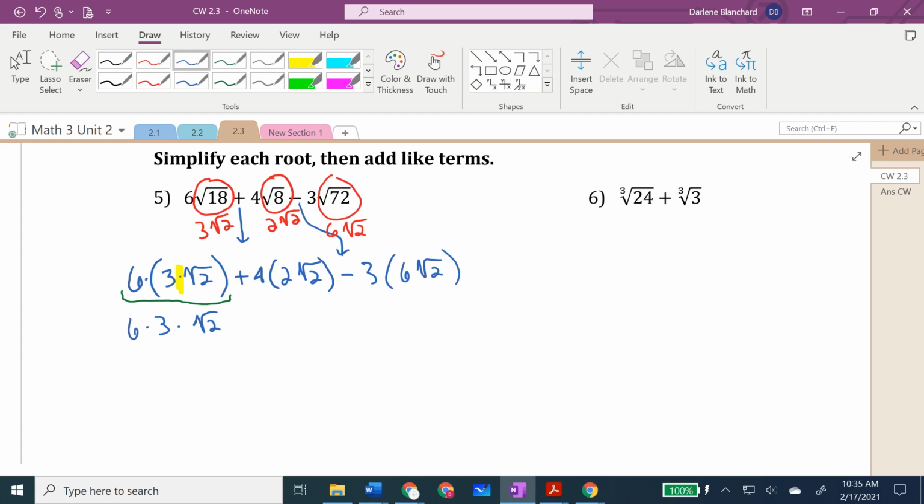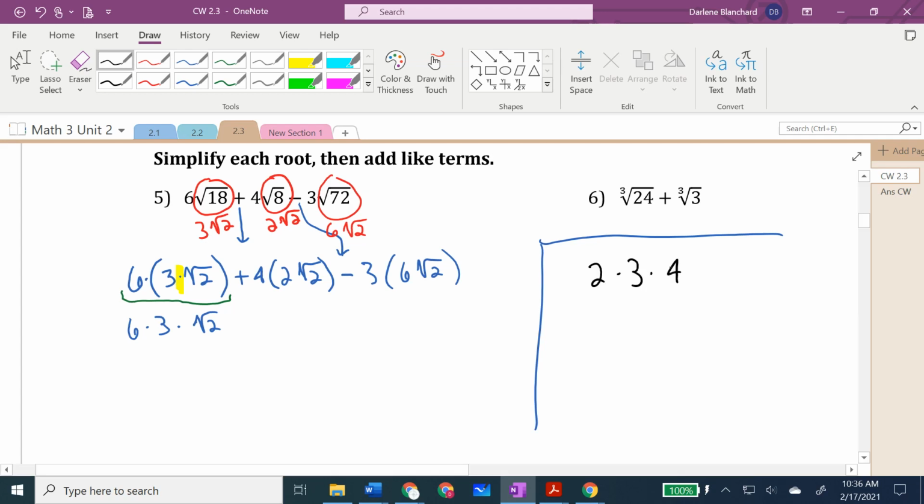I'm going to set this aside and come back to this because I know the problems that people run into. So listen really carefully, even if you think you know what you're doing. If I wrote down 2 times 3 times 4, how would you multiply those 3 numbers?